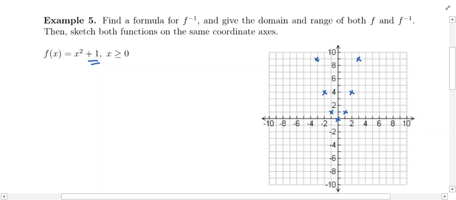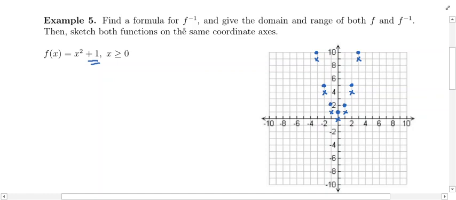Okay, but that's the parent function. These are points on the parent function x squared, but now we need to plus 1 it, so we need to lift it up 1 unit. Each little x you're going to lift up 1 unit. Okay, so I'm going to do that, and then we will have the final points on the graph of x squared plus 1. Okay, so here we go.